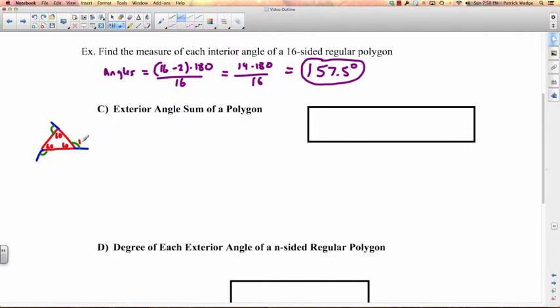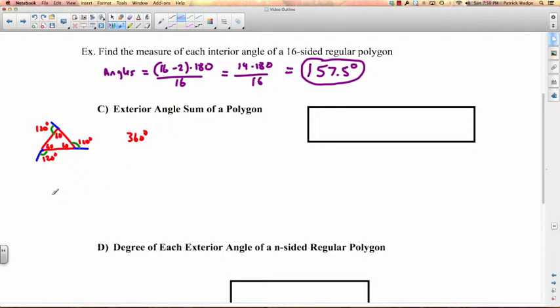So this would be 120 here. Same up here. 60 plus what equals 180? 120. And same here. 60 plus what equals 180? 120. So if we add those together, 120 plus 120 plus 120, we get a total of 360 degrees.